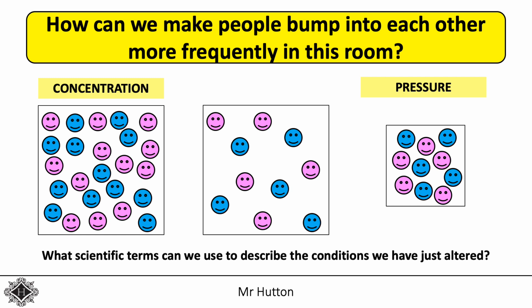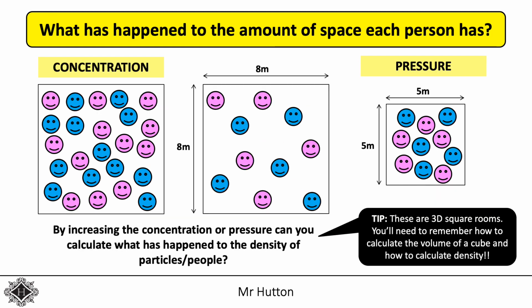All right, so in both the concentration and the pressure, we've increased the number of particles per unit volume. All right, so we're going to look at that in a bit more detail now. So by increasing the concentration or pressure, you can calculate what has happened to the density of particles or people.